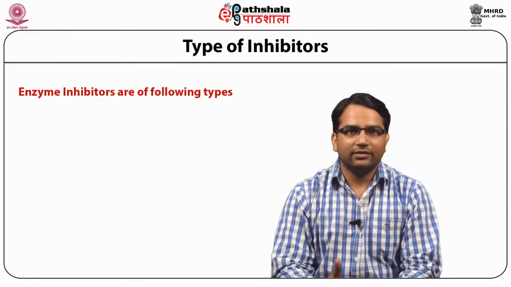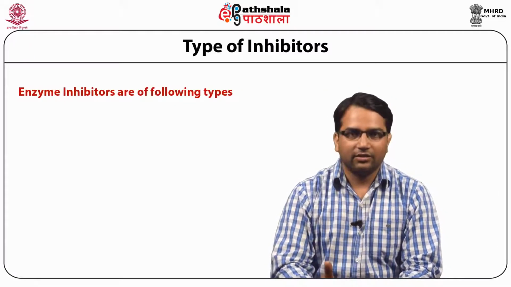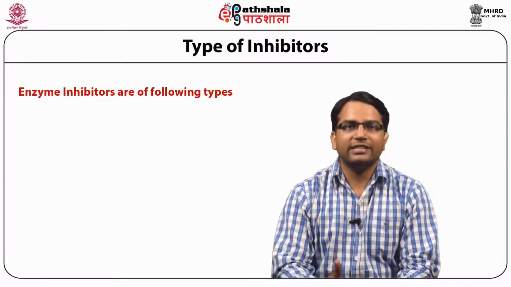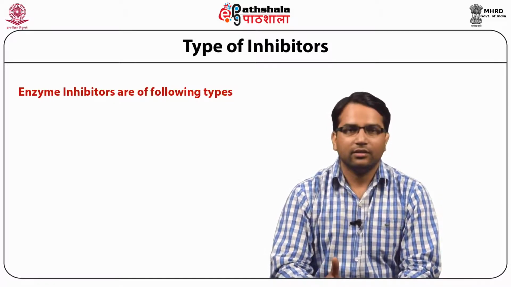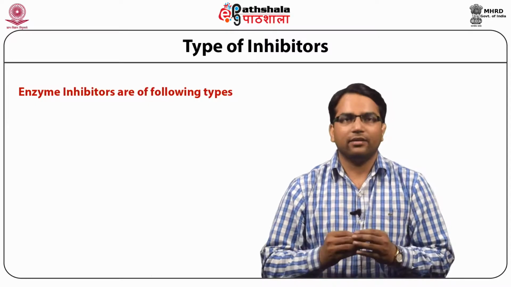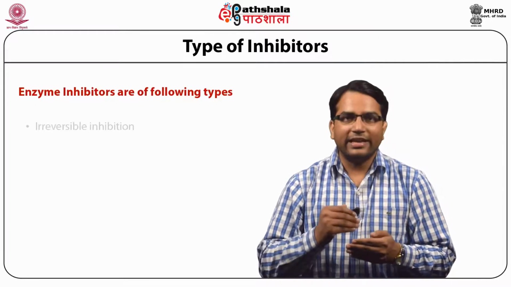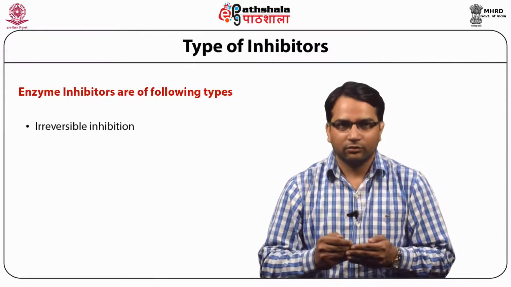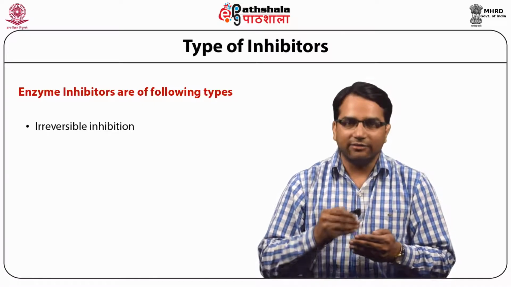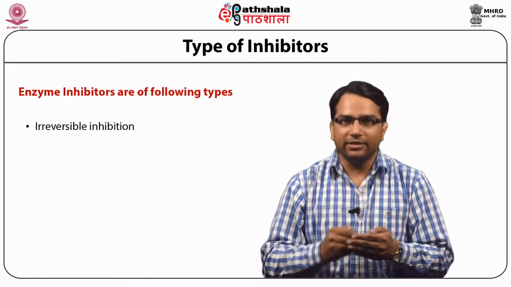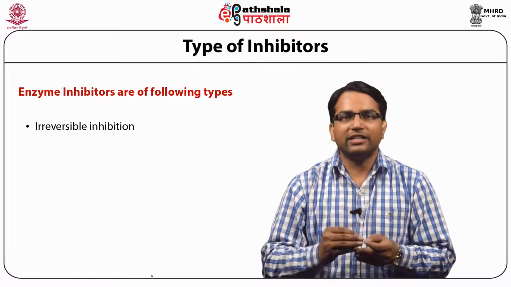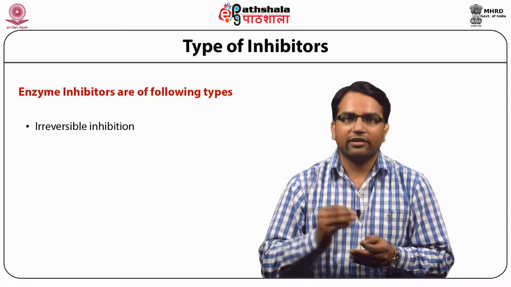So different types of inhibitors are there. The first is irreversible inhibition, where the reversibility of the inhibition is not there. That means once the inhibition is done, you cannot reverse it.